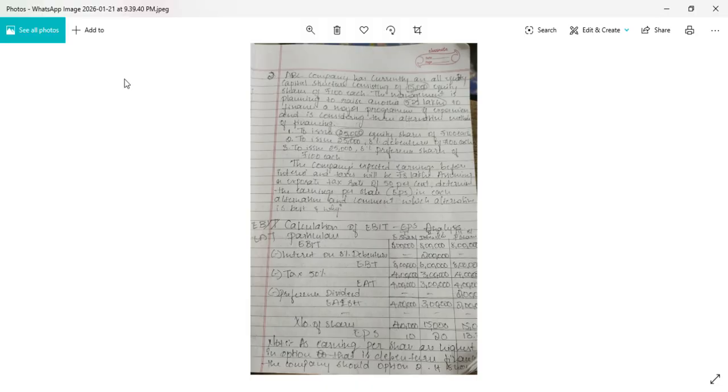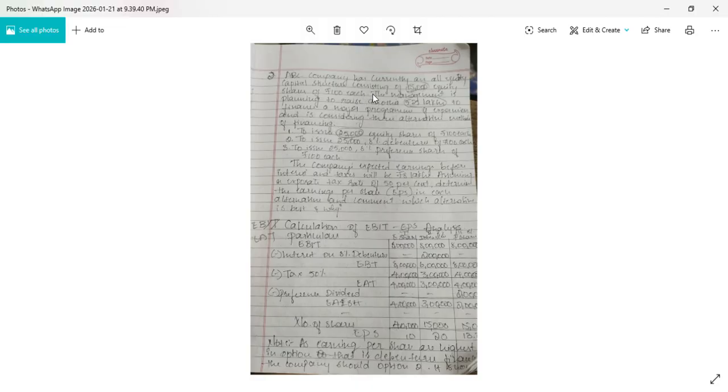ABC company has currently an all equity capital structure consisting of 15,000 equity shares of rupees 100 each, which means ABC company has started its business with the help of 15,000 equity shares of rupees 100 each as face value.